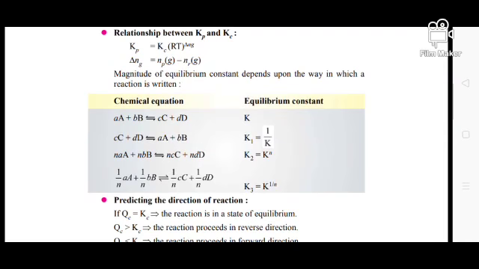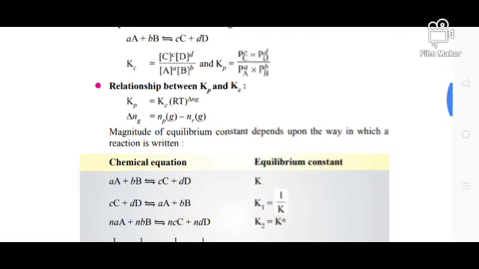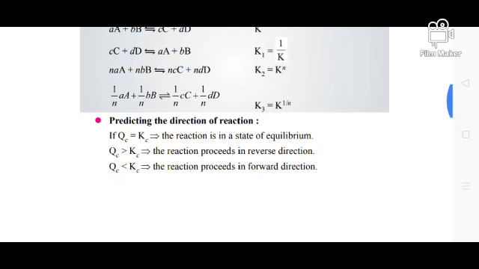What is that? Here R is the universal gas constant, T is the absolute temperature, and n is the number of moles, and g here is for gas. So these are the basic things.